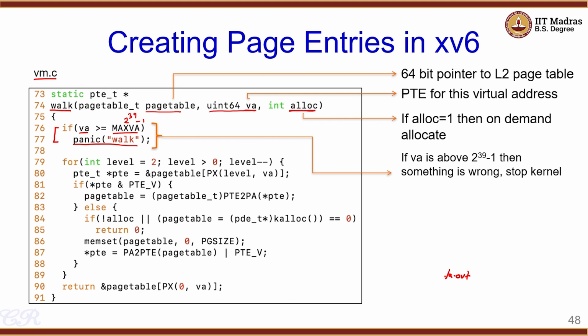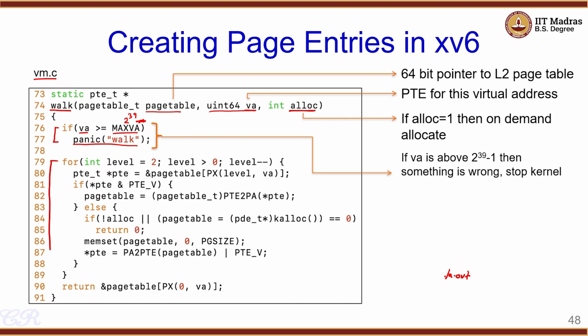We are trying to use a virtual address which is greater than the maximum virtual address, and therefore this should not happen, right. So if we have a valid virtual address lesser than the maximum, then we can proceed. Yeah, so this should be 2 power 39. Okay.